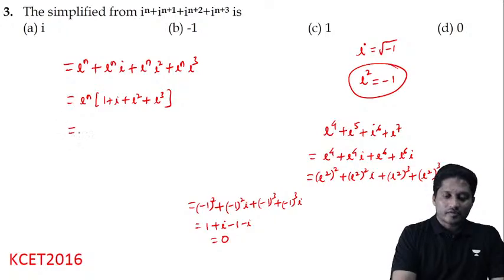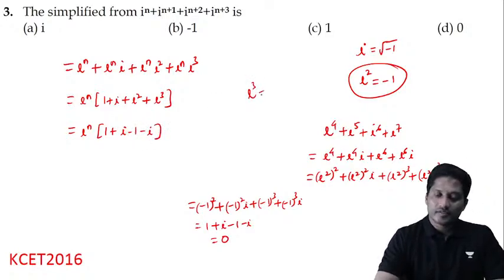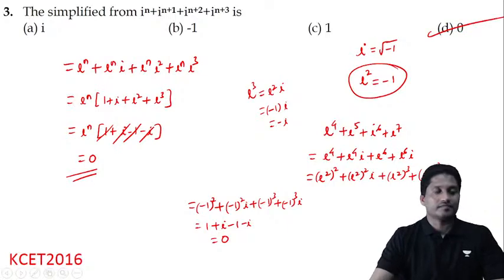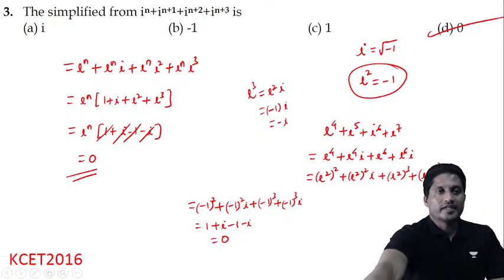So this is i to the power n times (1 plus i, i square is minus 1, i cube is minus i), which cancels out, and you get 0. Sum of 4 consecutive powers of i is always 0. Let's move to the next question.